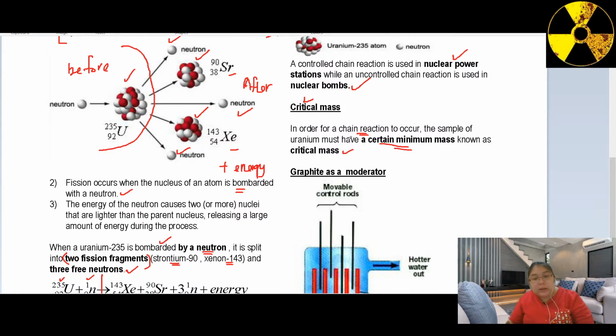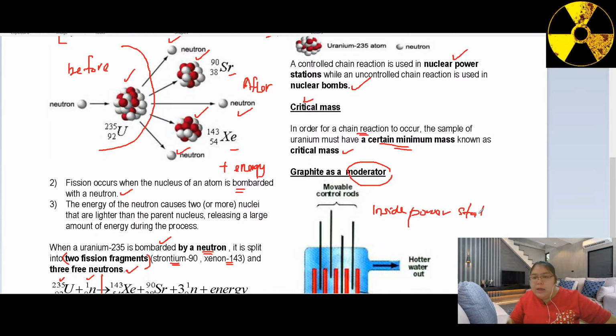Okay, let's see the following. There's graphite as a moderator, because the chain reaction will happen. That's why in the power station, this thing is inside the power station.